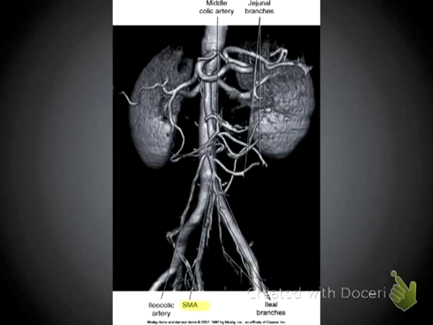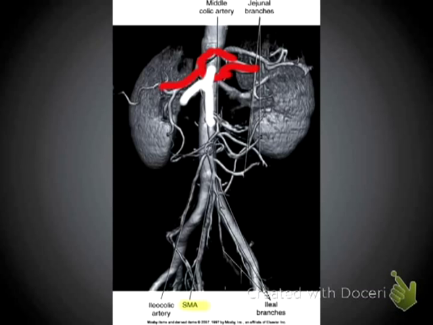Here's another 3D reconstruction that I feel really kind of demonstrates things very well as well. We have the aorta coming down the celiac trunk. We have left gastric, splenic, common hepatic, and then below that we have the SMA dividing here.